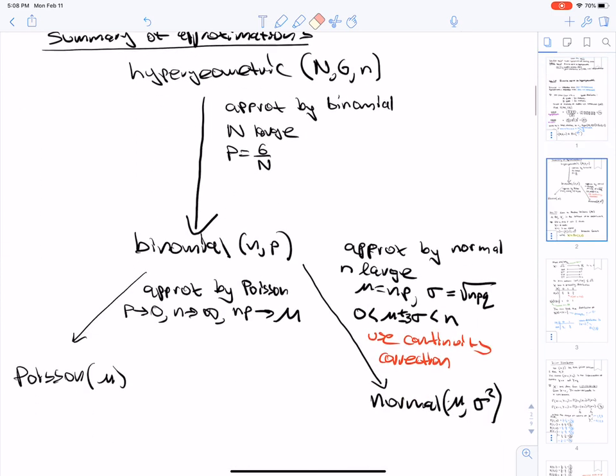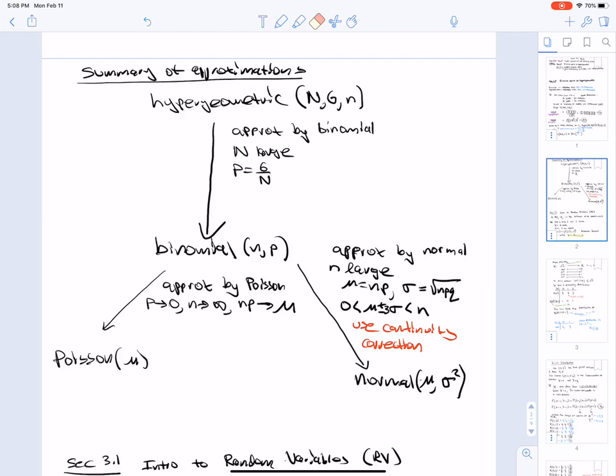So, a summary of approximations that we've seen: we have hypergeometric N, G, n is approximately binomial when N is large and small n is small, and the probability is capital G over N, so we get binomial n, p then.